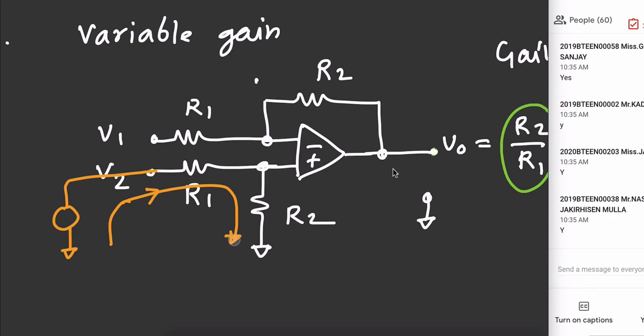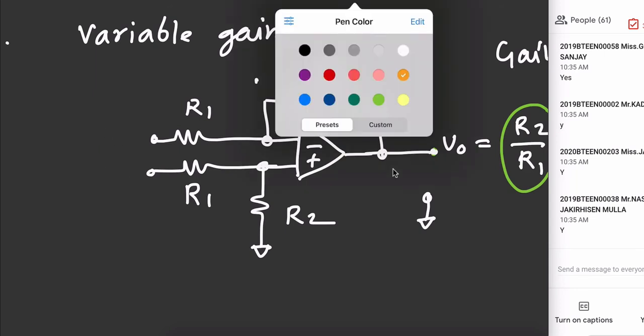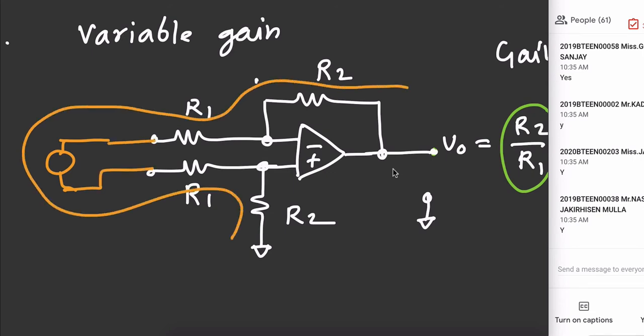Okay, let me connect the sensor in some different way also. Suppose I connect the sensor like this, then there will be current like this. Okay. So assuming that this voltage is positive, this voltage is negative. So if this is the case, then still the sensor is expected to supply the current. Remember, sensor is expected to supply the current.